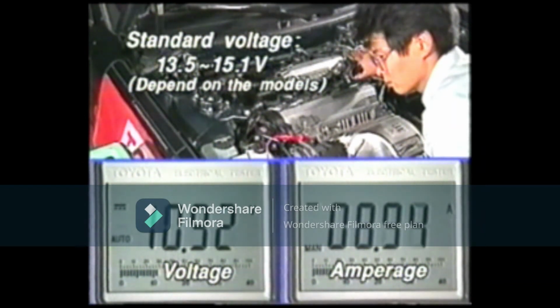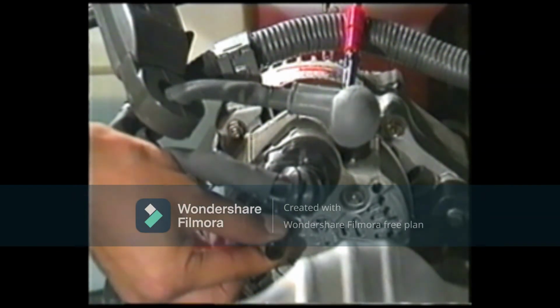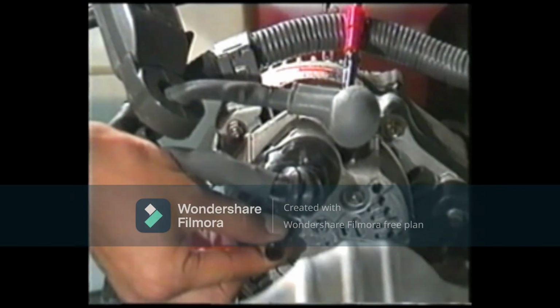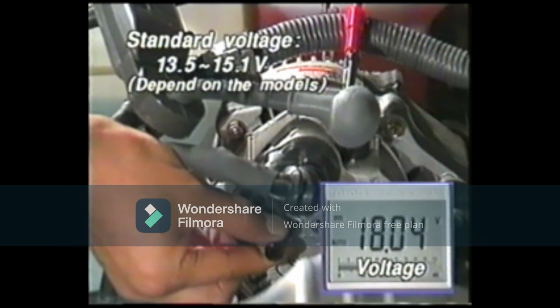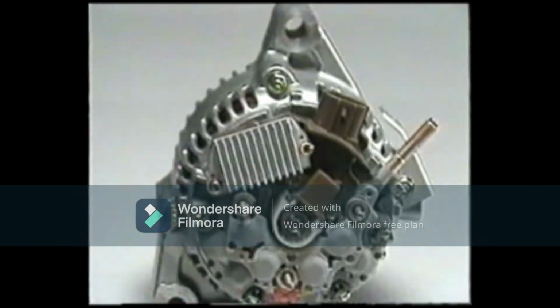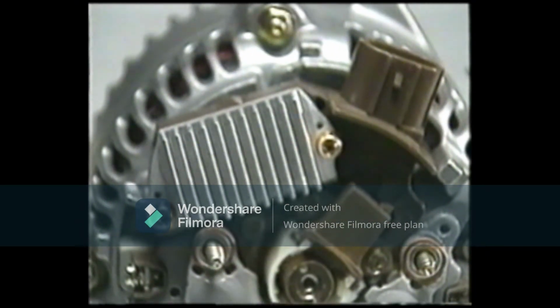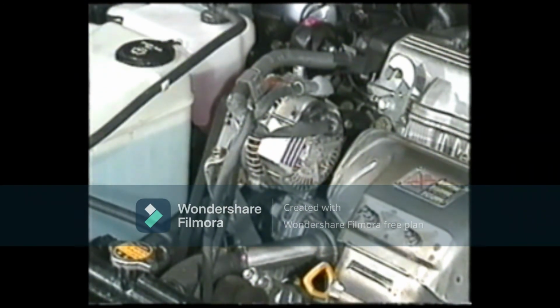If the generated voltage is lower than normal in this test, recheck it after grounding terminal F to apply the battery voltage directly to the rotor coil. If the generated voltage goes above standard value as a result, there could be a fault in the regulator. If the voltage is still too low, on the other hand, a fault in the alternator is likely. In that case, the alternator must be checked.